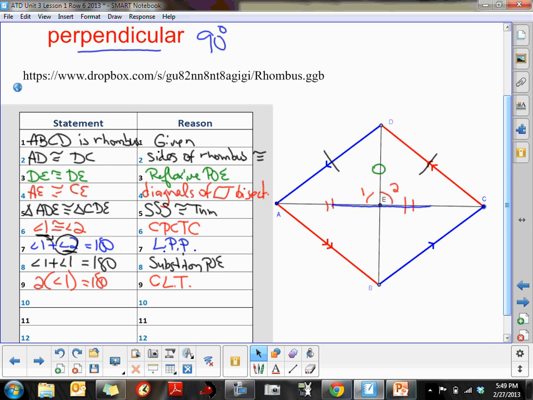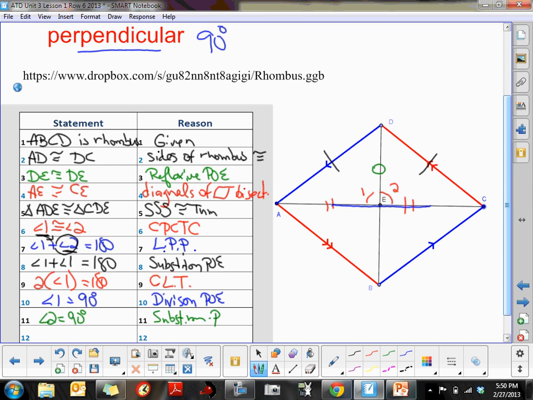And then we're going to divide both sides by 2. If I divide by 2, that means angle 1 has to equal 90 degrees, and that is our division property of equality. So now I've forced angle 1 to be equal to angle 2, and since angle 1 is equal to angle 2, I now know that angle 2 is equal to 90, if we want, by substitution.